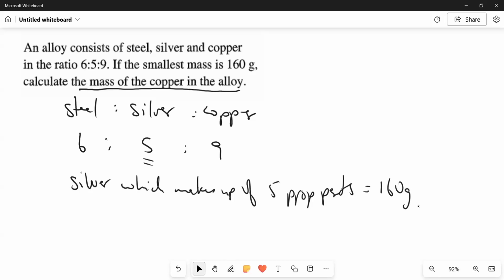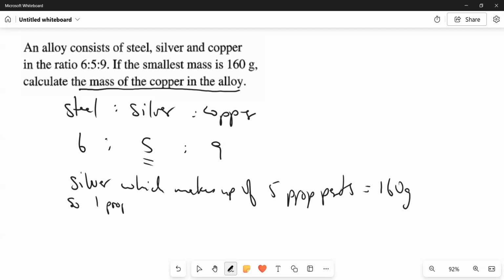So for you to know the mass of copper in the alloy, copper is 9. What we have to do is find one proportional part.